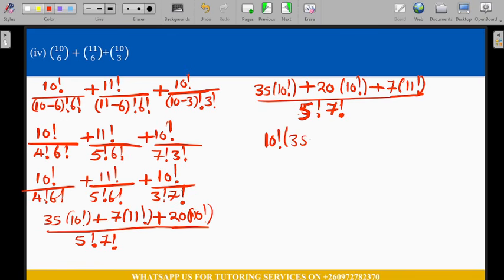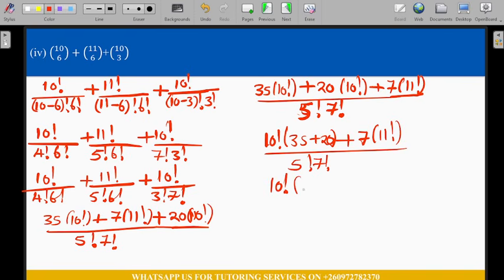Now we have 35 plus 20, now plus 7 times 11 factorial over 5 factorial 7 factorial.